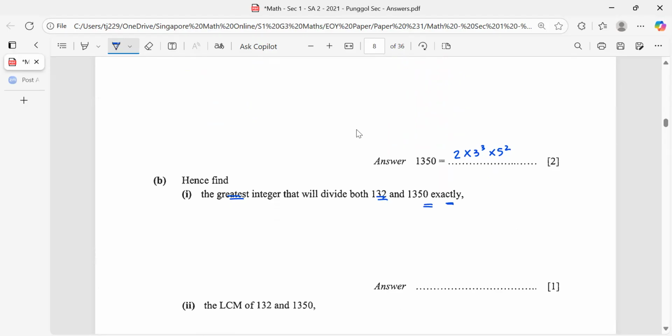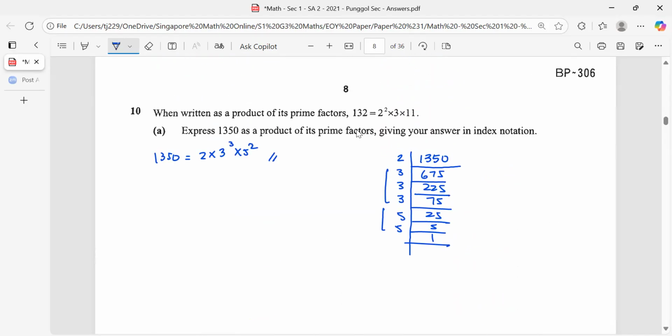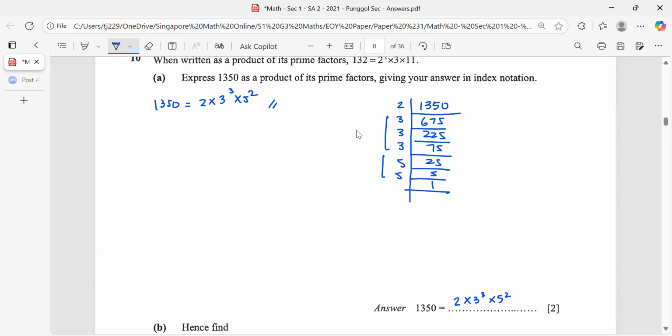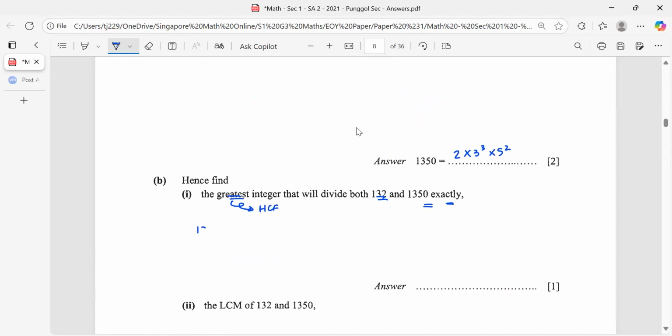So if it's the greatest integer, here we are referring to what you call HCF. Thus, this number is going to divide 132 and 1,350. Okay, so let's just put down the index notation for both numbers. 2 squared times 3.